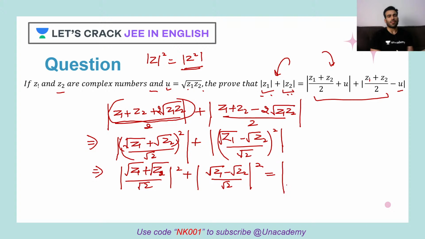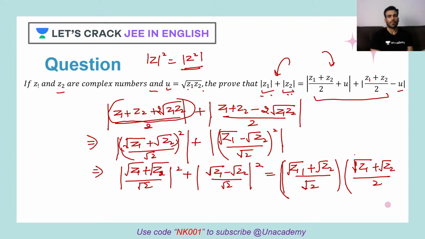This can be written as the conjugate of the inside numbers. So bracket root z1 plus root z2 by root 2, then the conjugate of this, right? Similarly, this term will become like this.